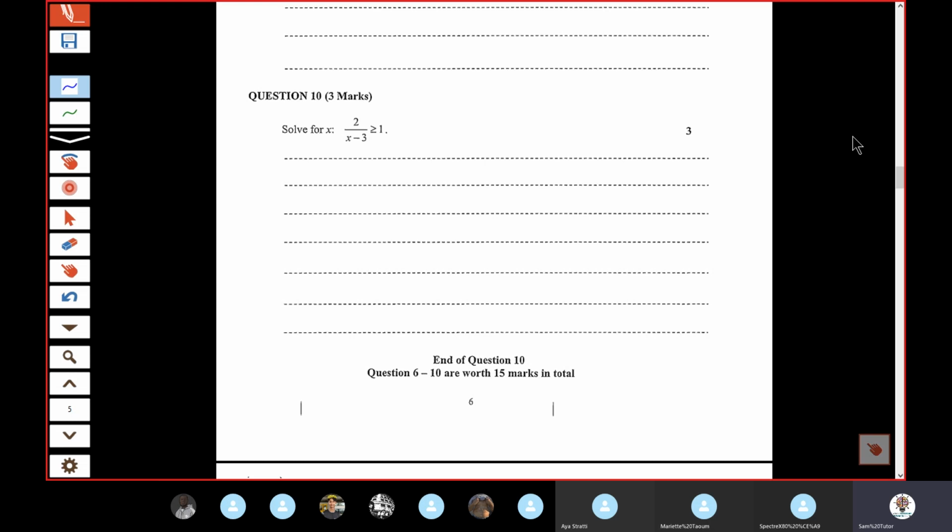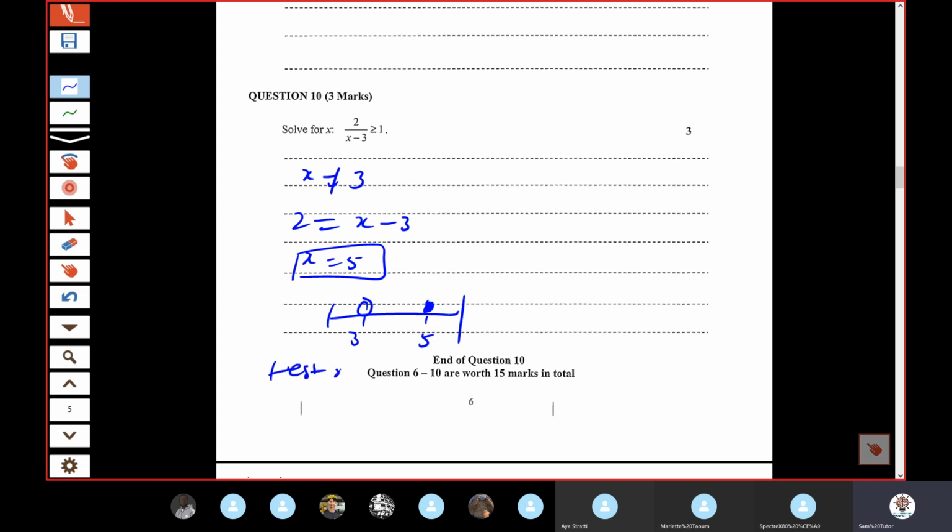All right. Solve for x. First line, x cannot equal 3. Multiply, 2 equals x minus 3. X equals 5. Number line, 3 is there, 5 is here. It cannot equal 3, open circle. It can equal 5, closed circle.